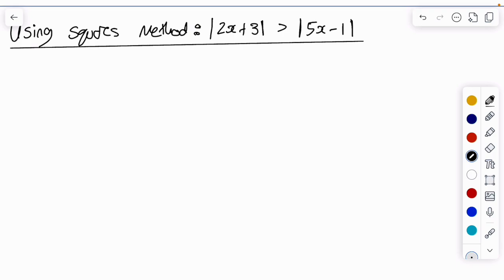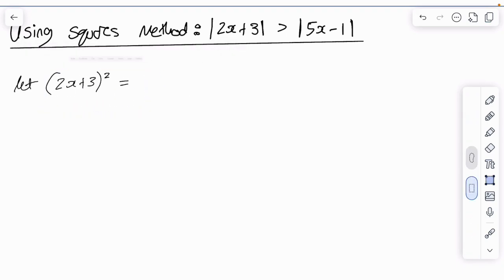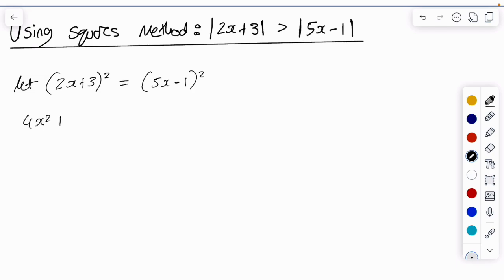So here we'll just say we're going to let 2x plus 3 squared equal 5x minus 1 squared, which gives us 4x squared plus 12x plus 9 is equal to 25x squared minus 10x plus 1.